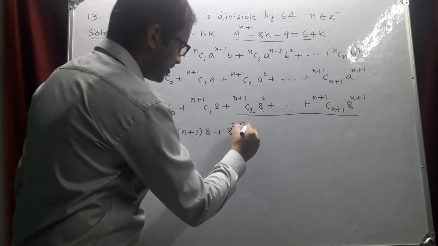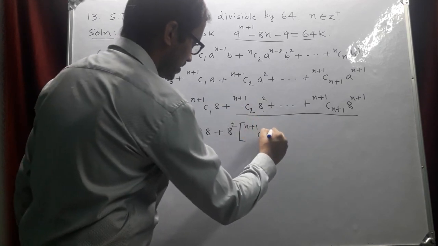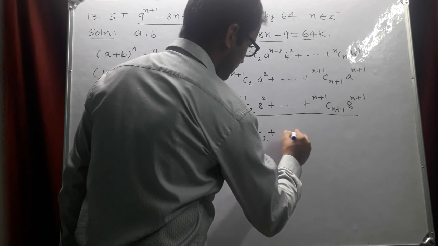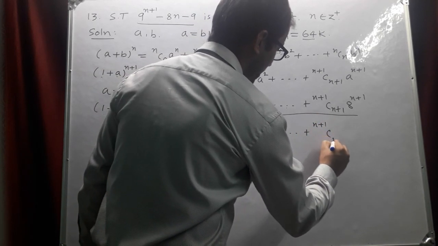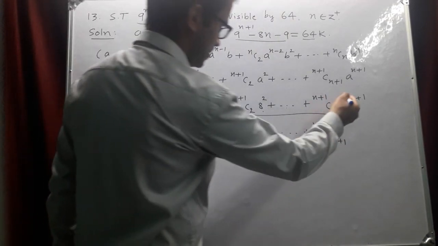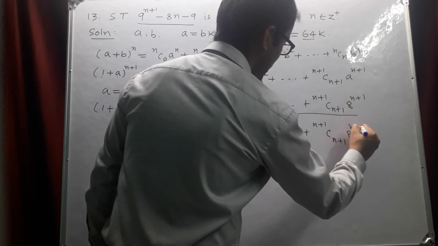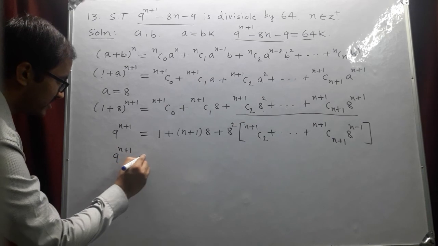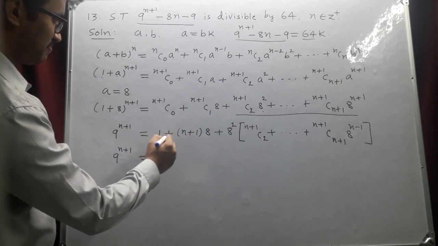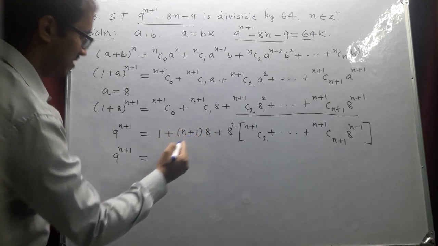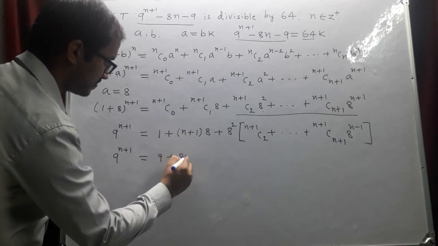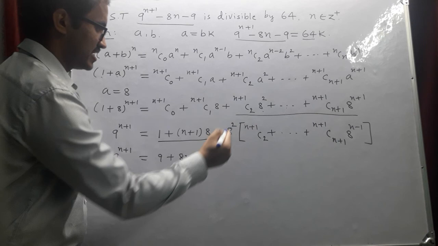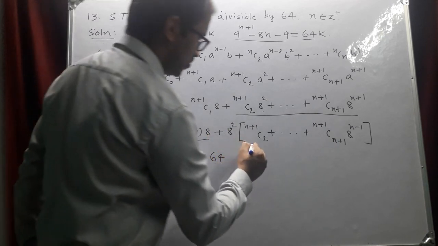So we get (n+1)C2, and so on, from each term taking 8^2 common, up to the last term (n+1)C(n+1) with 8^(n-1) remaining. So simplifying, 9^(n+1) = 1 + 8n + 8, and 1 + 8 becomes 9, so 9 + 8n plus, here 8^2 means 64, into these terms.